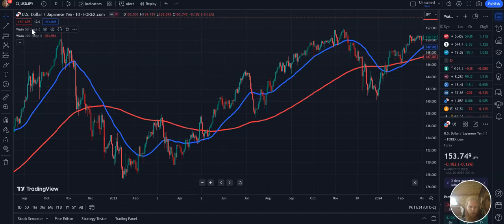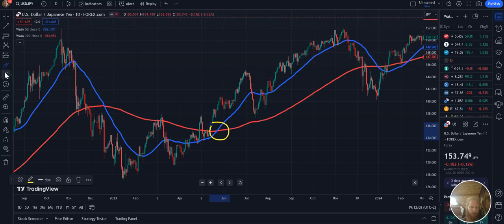You have one WMA that is 50 period and one that is 200 period, and when the 50 period WMA, that is the blue, crosses above the 200 period WMA, that is the red one, so here for example, here's a perfect cross, then you open a buy trade.